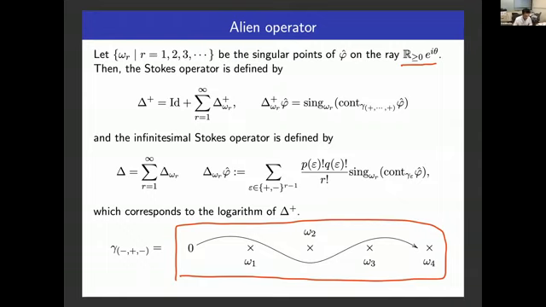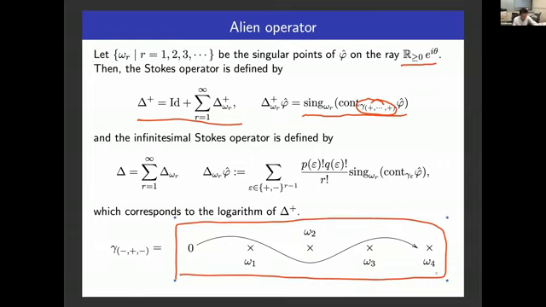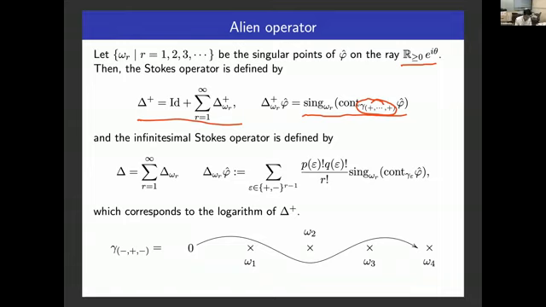And in this situation, the Stokes operator is defined in this way. And here, delta omega_r plus is an operator defined in this way. First, the path here, gamma plus plus plus, means a path like this.